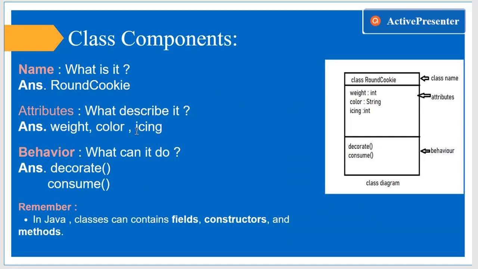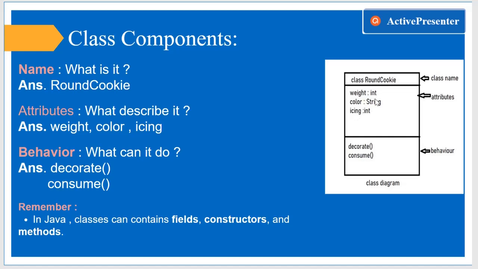So how do we write a class? This is a class diagram. It shows the class name, attributes and behavior. The name is Round Cookie. Attributes describe it: weight, color, icing.